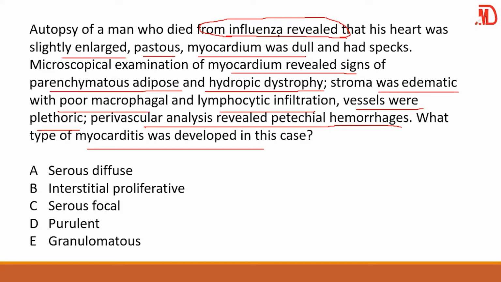And it is diffuse because it is all over the heart. Look at one key feature here: the stroma was edematous with poor macrophage and lymphocyte infiltration. When we have bacterial inflammation, macrophages and lymphocytes will not be poor; in fact, they will work massively.